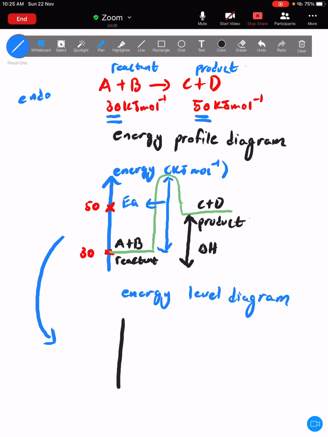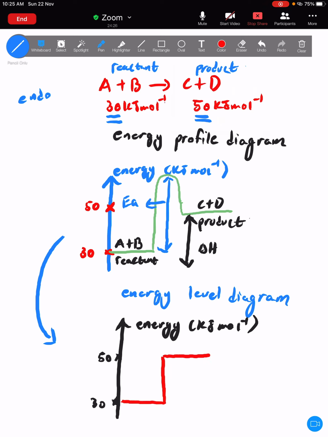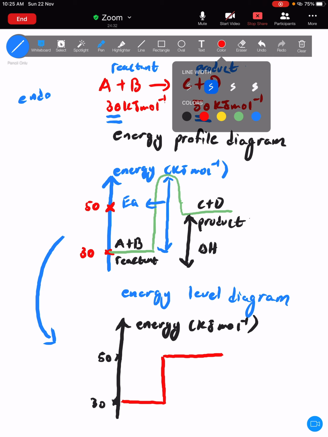You just draw this again, labelling accordingly. Energy will be kilojoule over mole, and the 30 will be somewhere around here, and the 50 is somewhere around here. You draw the same thing, go straight and straight, like this. Energy level diagram.